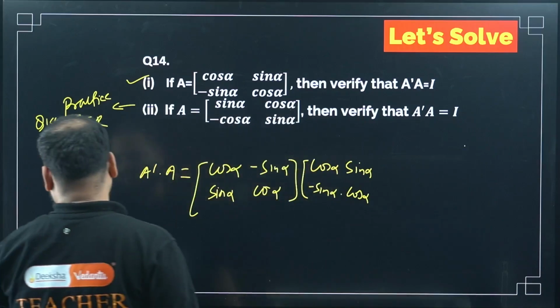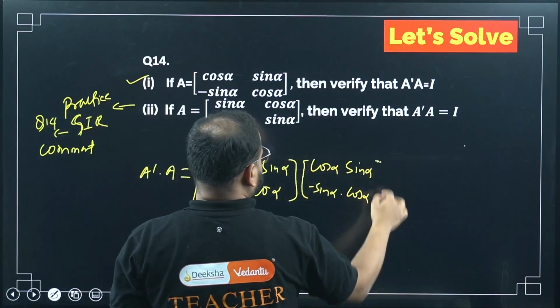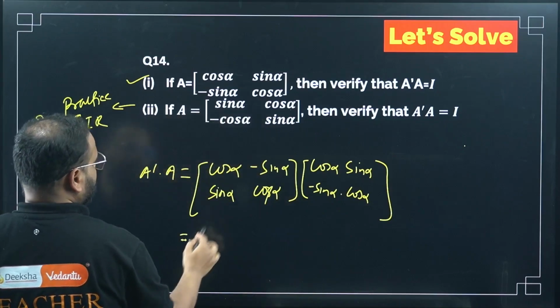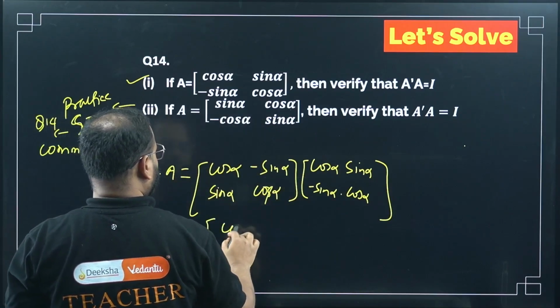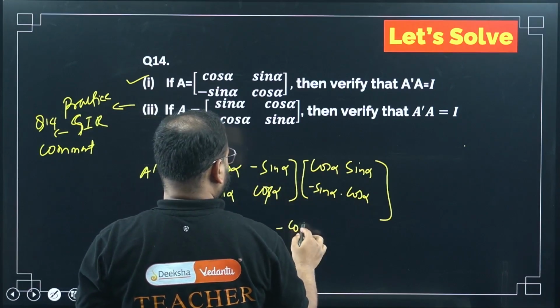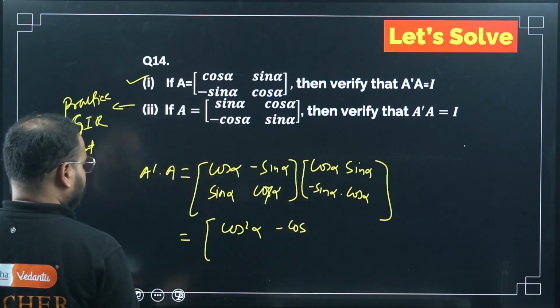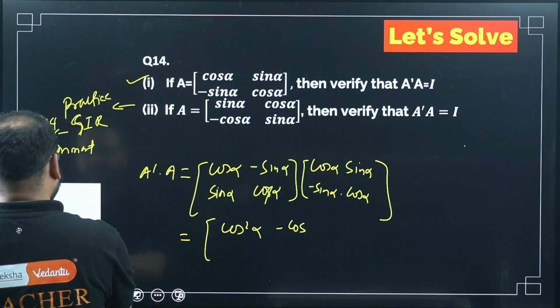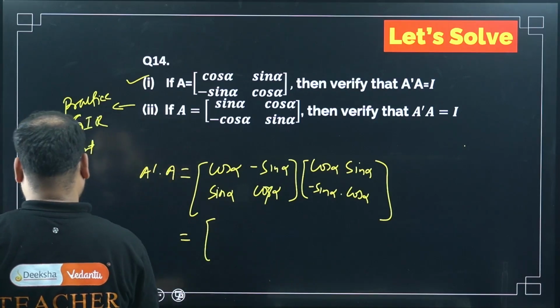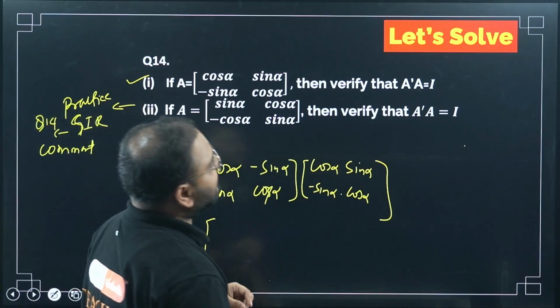I've already written A transpose here. Now multiply this. Cos with cos, so cos square alpha. Cos with minus sin, so minus. They are asking us A transpose times A.